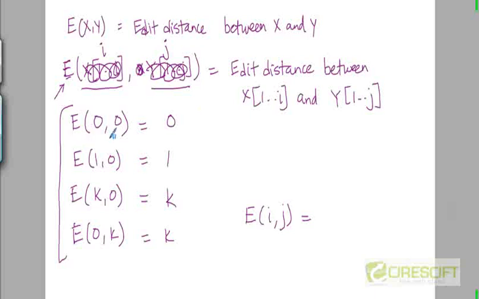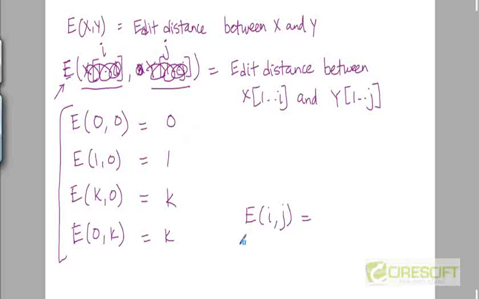But here we need to use the definition to derive a formula for E of i comma j in terms of the values of E for smaller subproblems. Once we have that definition, then we'll start from those smaller subproblems. We'll start bottom up and then build our way up to this particular value i and j.